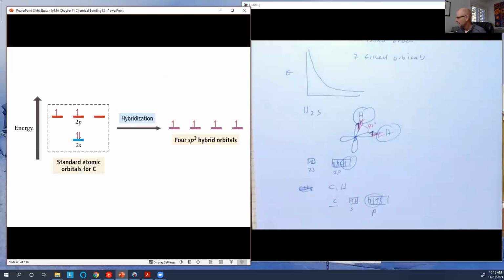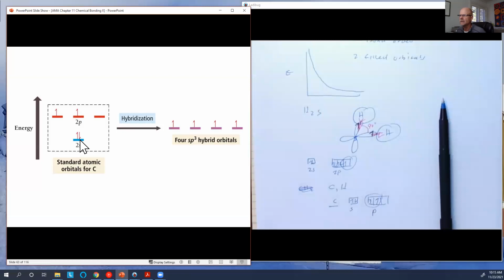Well, it happens through this process called hybridization. So what is hybridization? Hybridization is a mixing of atomic orbitals to form what are called hybrid atomic orbitals. And the rule for hybridization is that the number of orbitals you mix is equal to the number of hybrid orbitals that you get out.